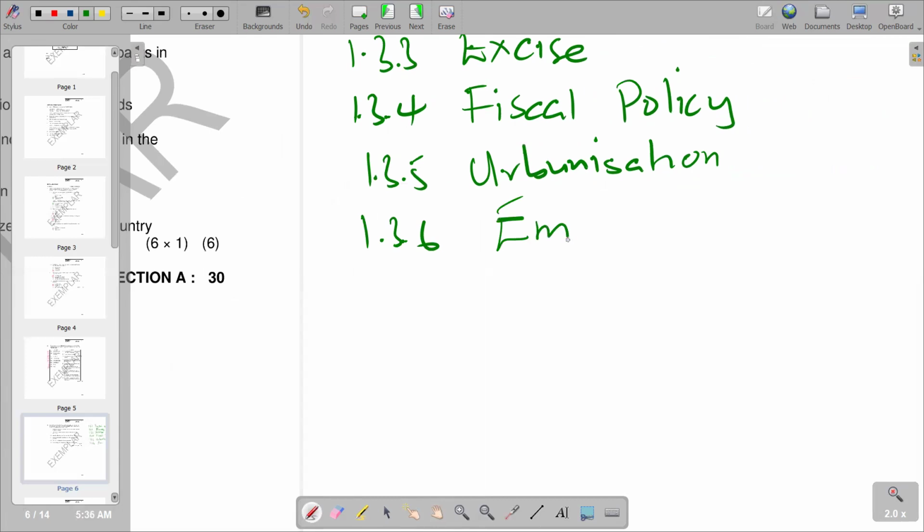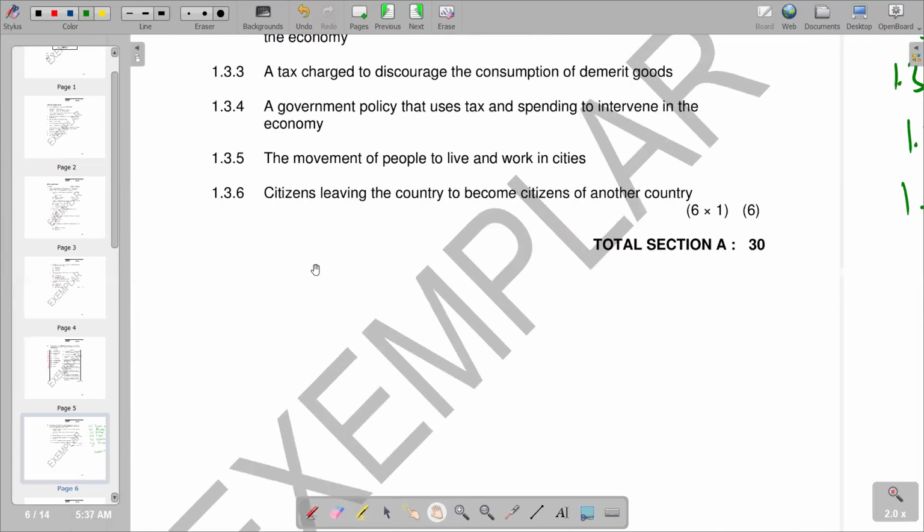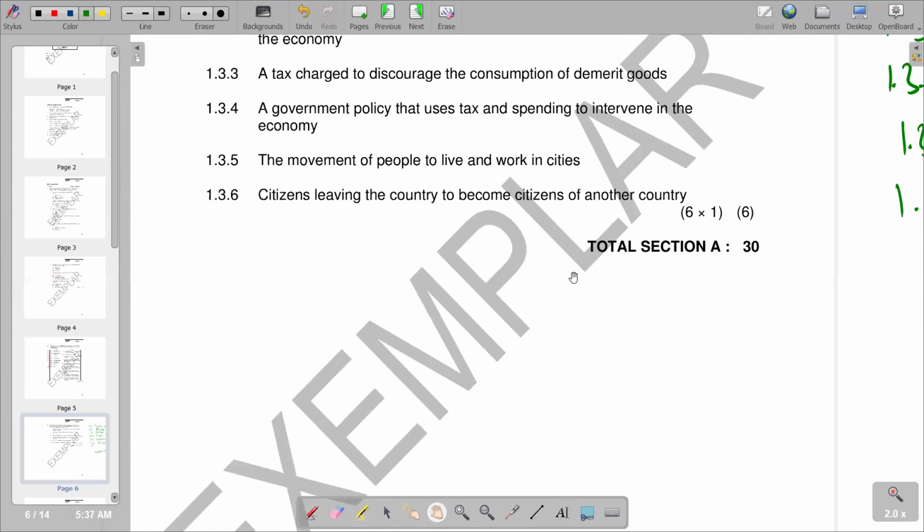Now from the point of view of the receiving country where they are going, they will be calling them immigrants, with an I. Which now becomes the opposite when we're talking about the country that is receiving those people that are moving there. So immigrants becomes the correct response that we have on 1.3.6, which is describing citizens leaving the country to become citizens of another country.